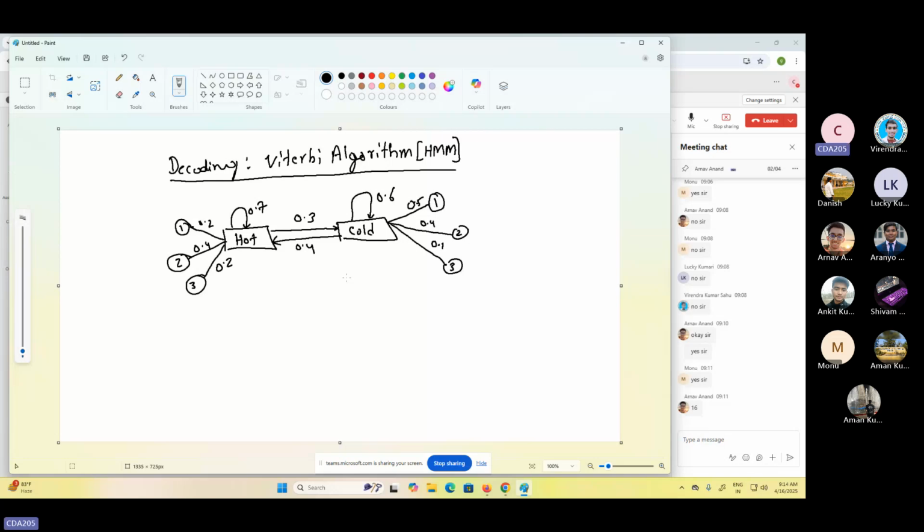Okay. Now we have to find the possibilities for the sequence 3, 1, 3. That means our observable states will be 3, then 1, then 3. For this, what is the hidden state?